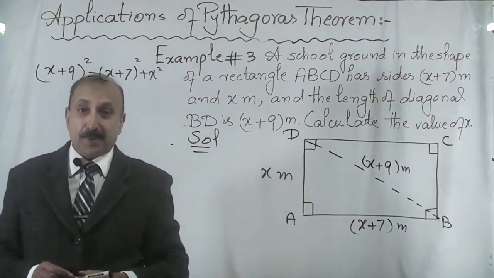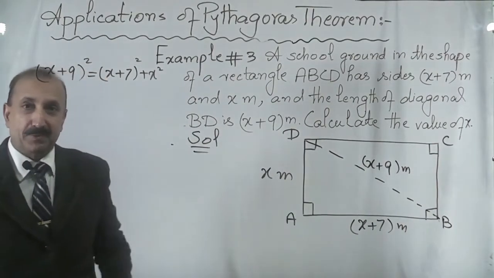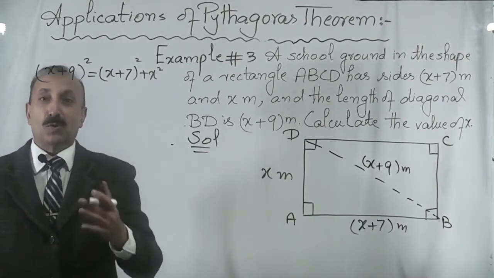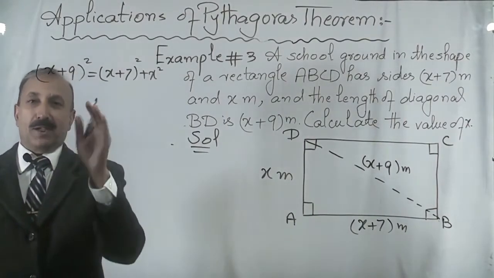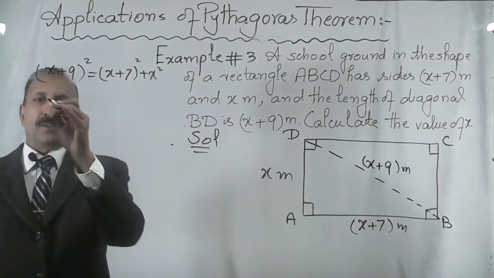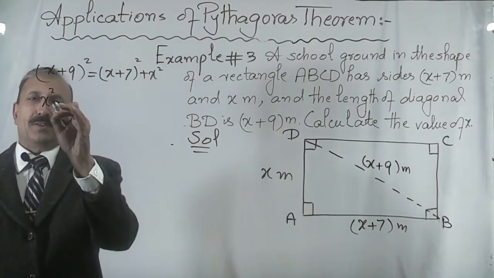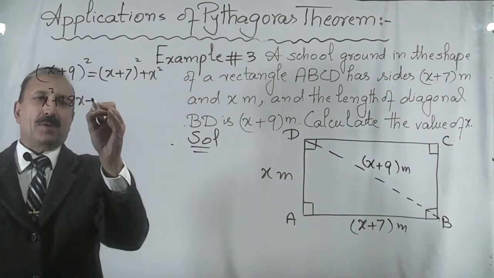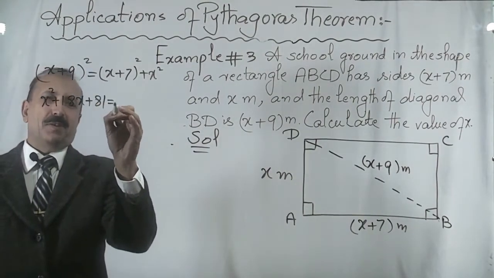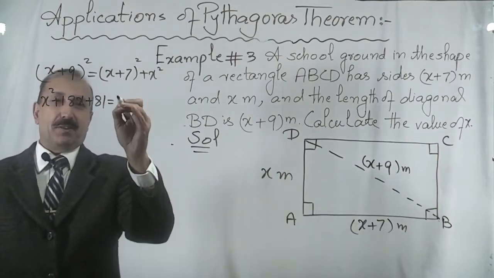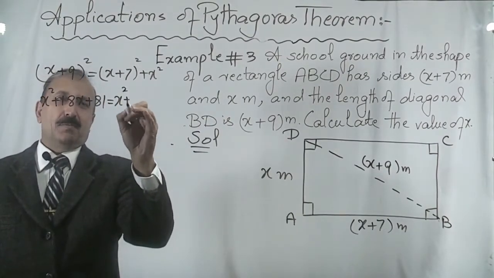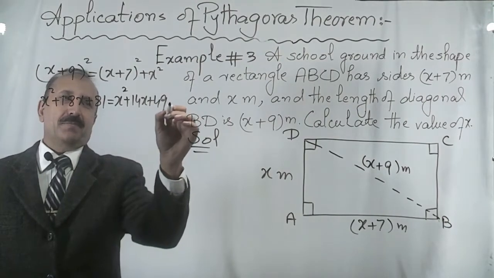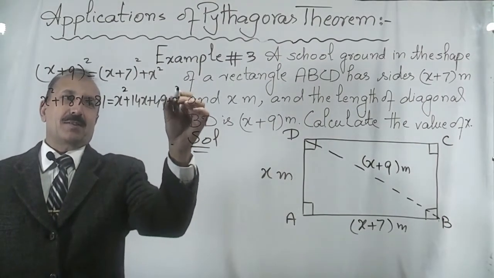This is the expansion of an algebraic expression consisting of two terms. As you learn a plus b whole square in algebra, we will expand in the same sense. This will be x square plus 18x plus 81 will be equal to, in the same way, x square plus 14x plus 49 and plus x square as it is.